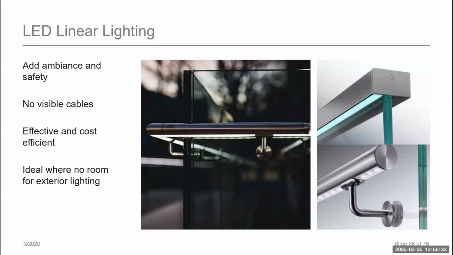And one of the things that's nice in these types of systems that are integrated into the guardrail is all of the wiring is incorporated into the system too. You'll see it going through the actual saddles. You'll see it going through the cap rail and the handrail. And then those will drive to the overall home run of the system and to the transformer. And then that transformer will then go on to the electrical system so that you have all of it integrated.